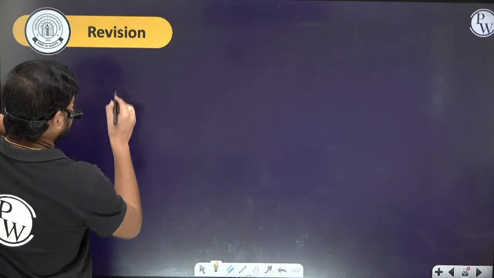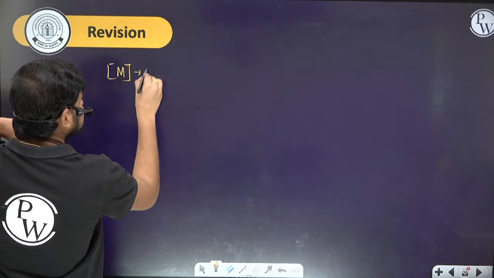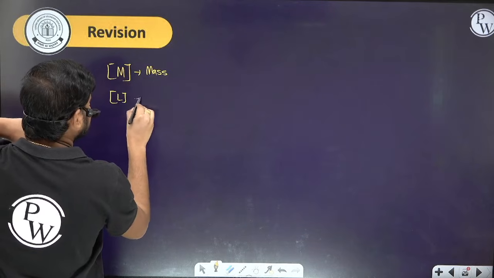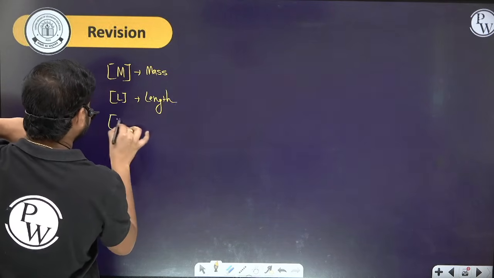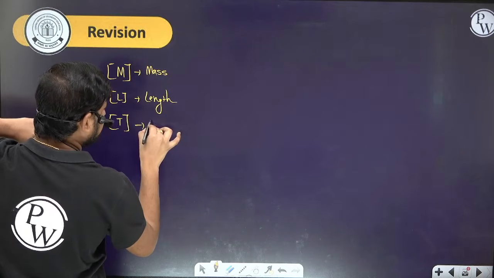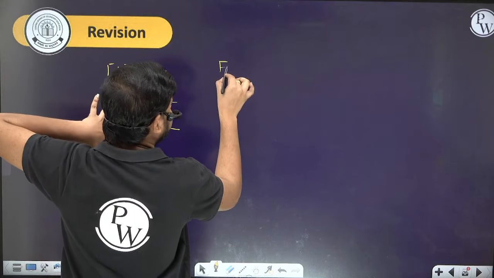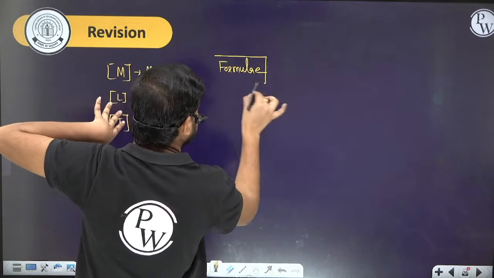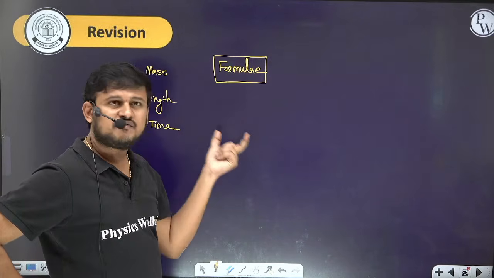There are main physical quantities: M for mass, L for length, and T for time. These are mainly what we used. Revise all the formulae for all the concepts, for getting the dimensions. We should remember the formula. First you learn the formula.